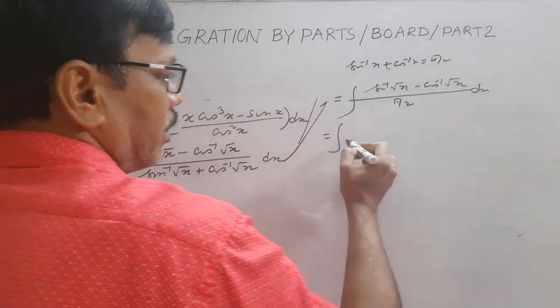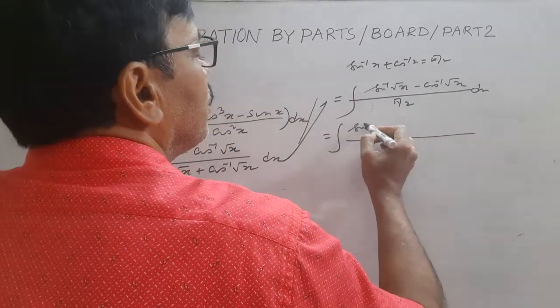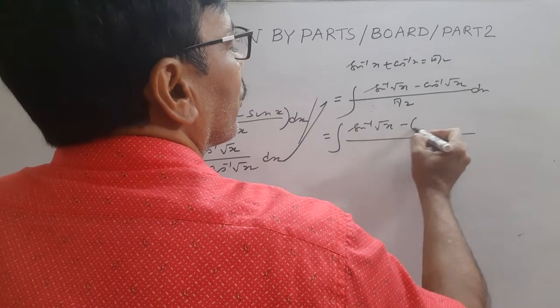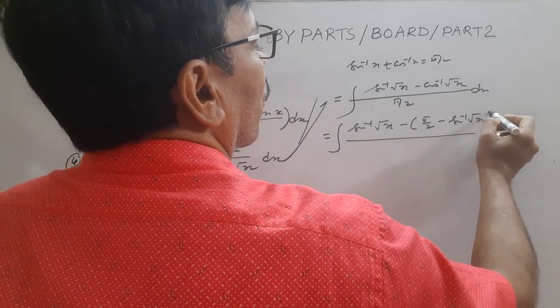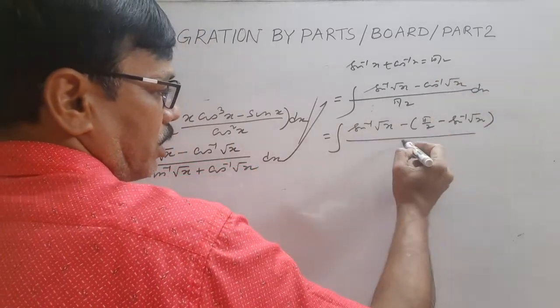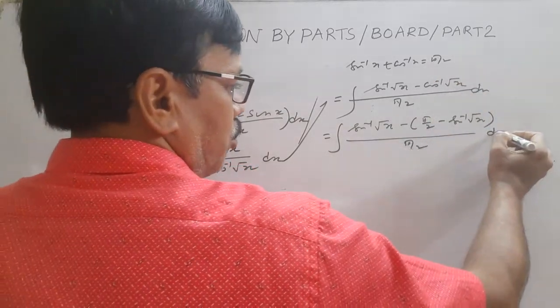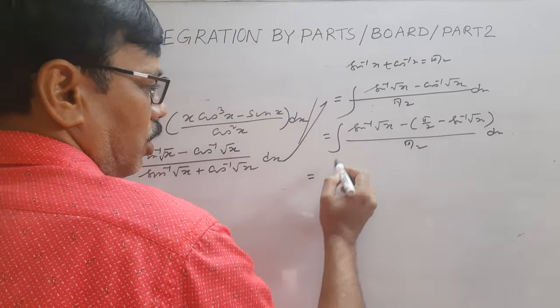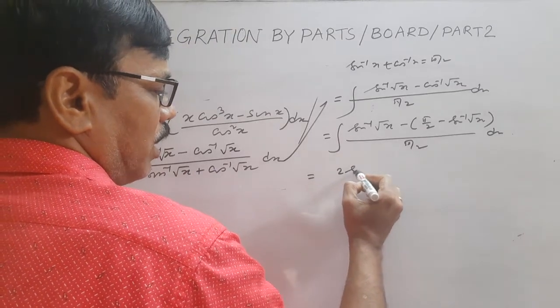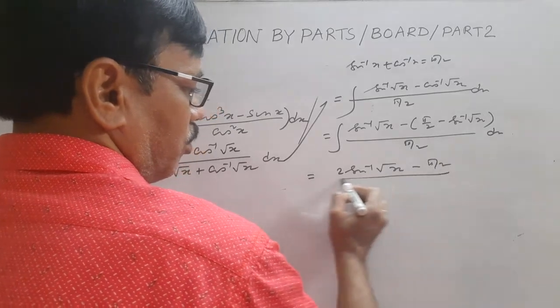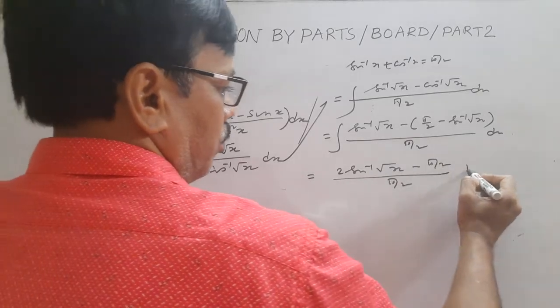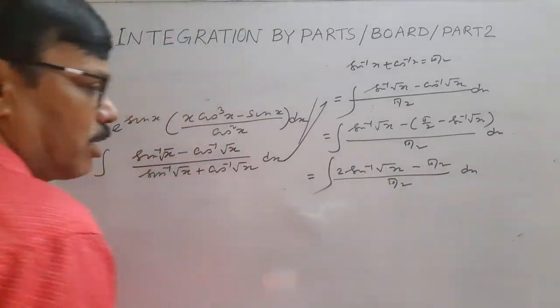Now again, sin inverse root x unchanged, this is pi by 2 minus sin inverse root x, cos inverse root x is pi by 2 minus sin inverse root x. So 2 sin inverse root x minus pi by 2, pi by 2 dx.